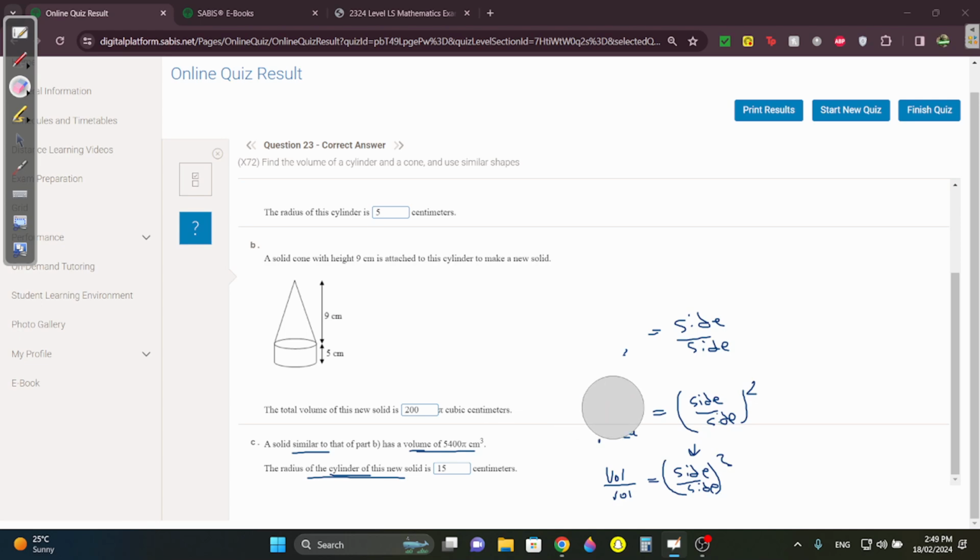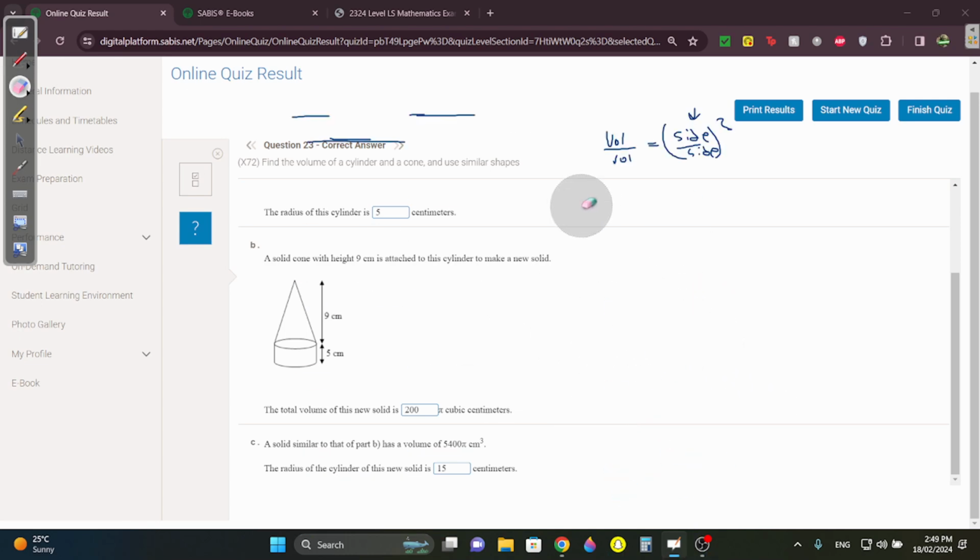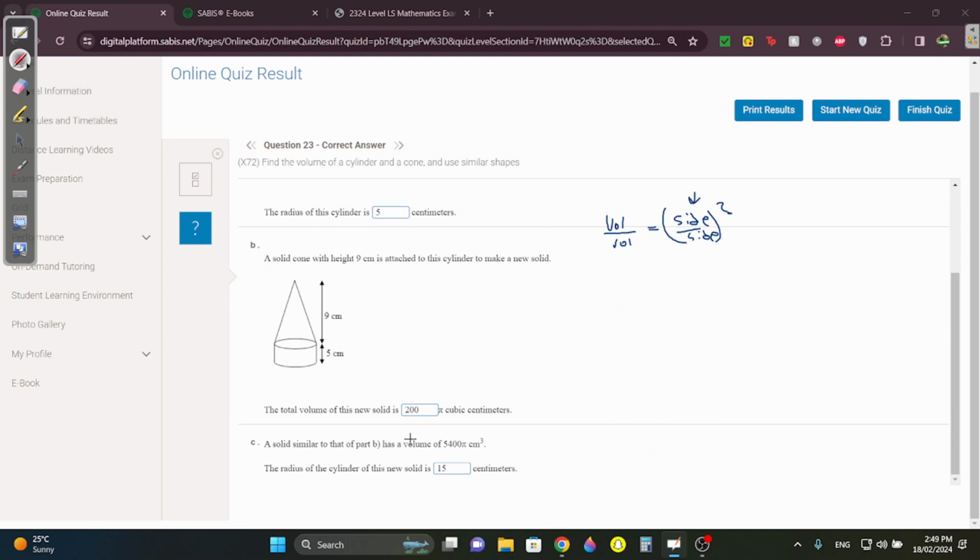Let's put all of this aside and use volume over volume equals side over side cubed. Let's work with our new volume, the bigger volume, 5,400 pi. Our old volume is 200 pi. In this case, we're talking about radiuses, and obviously the radius is a side of a polygon. The big radius we don't know, we're trying to find it for the new solid.